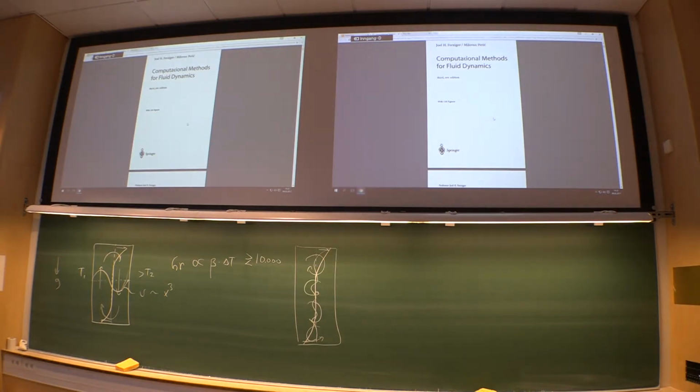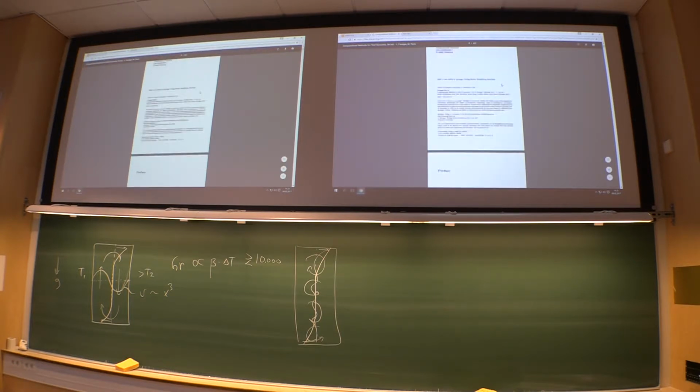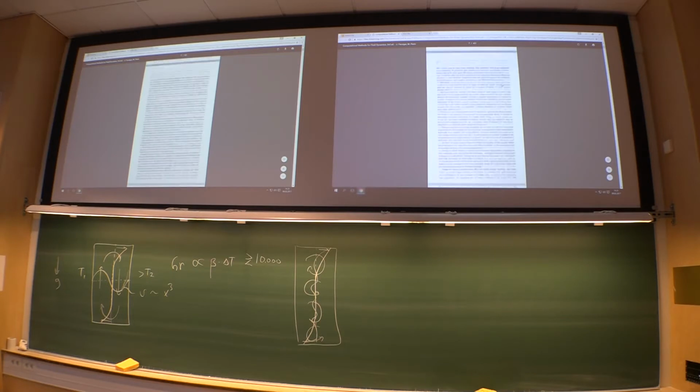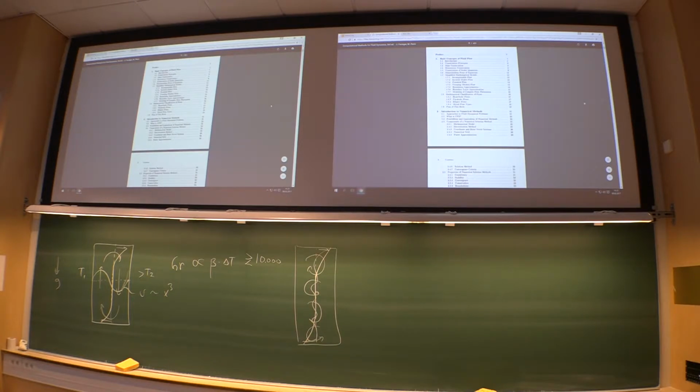Now let's jump to the book by Versteeg. I won't go through it page by page, of course not. So we have done a lot of it already.